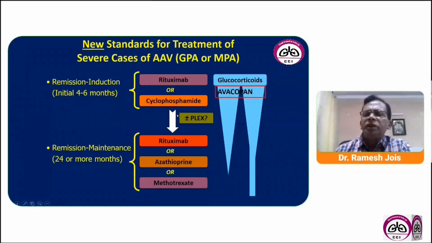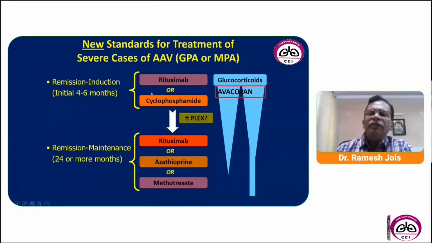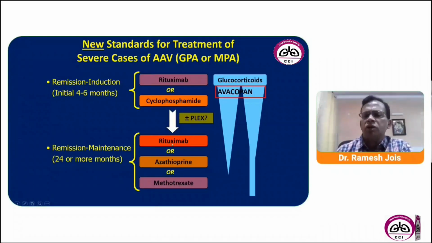If the patient is acutely unwell with a rapidly progressive glomerulonephritis with or without alveolar hemorrhage, there is some role for plasma exchange. Then after the induction phase, we have the maintenance phase. The best drug for maintenance today is rituximab, given every 6 months. Where that is not possible for clinical reasons or cost reasons, azathioprine is the next best thing to be used.